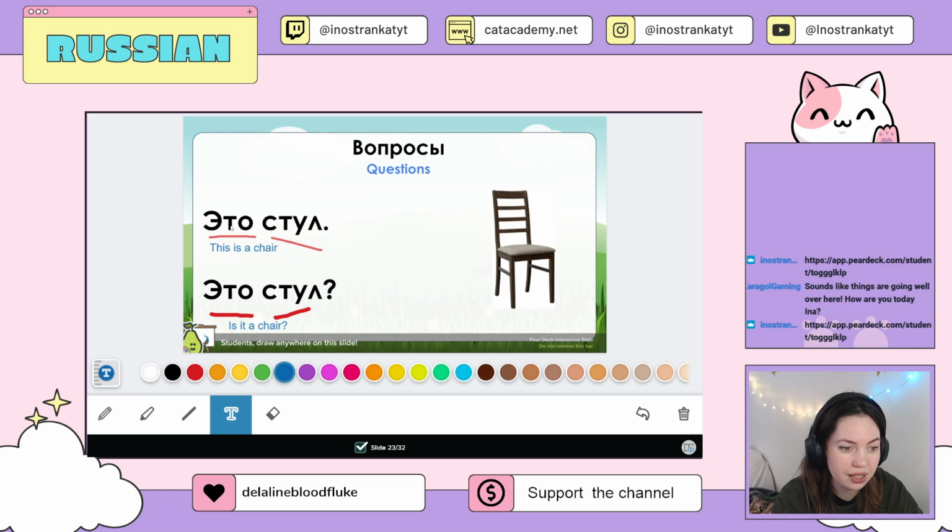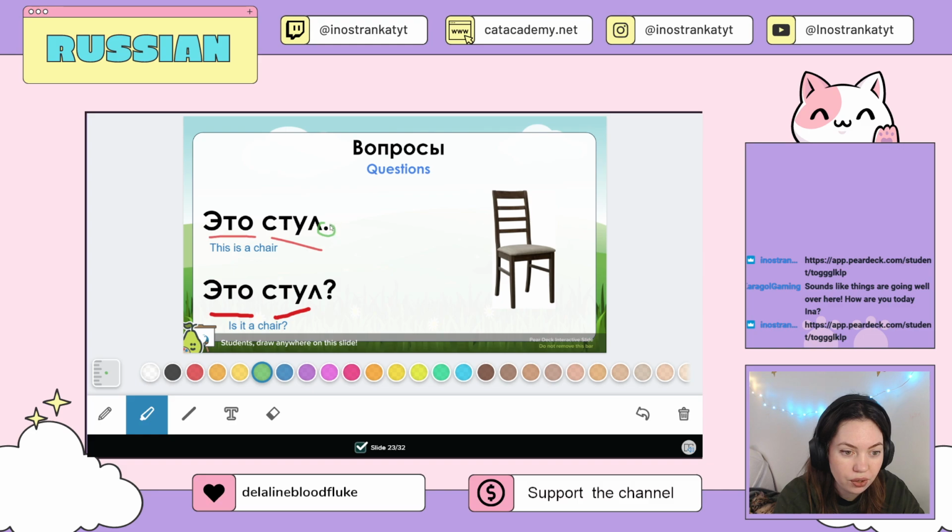And if we look at both sentences, they have the exact same number of words. The words are in exactly the same form. Nothing is different. The only difference is the full stop or the question mark.